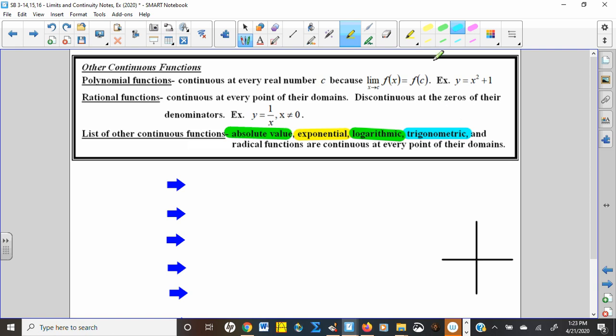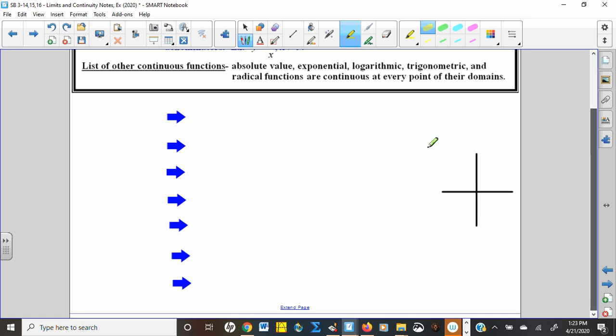If they're odd roots, they're continuous everywhere. If they're even roots, then they're only going to be defined on one side or the other of their start point. But they're not going to have any breaks within that part of the domain. So absolutely, all those functions are continuous at every point of their domains, by our definition.